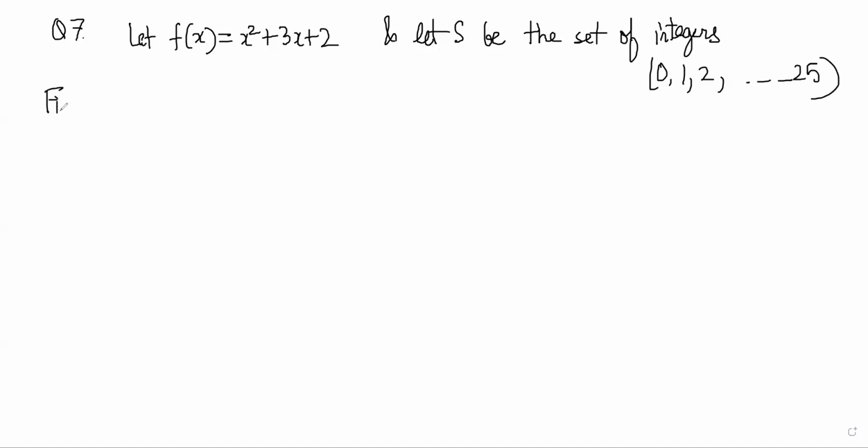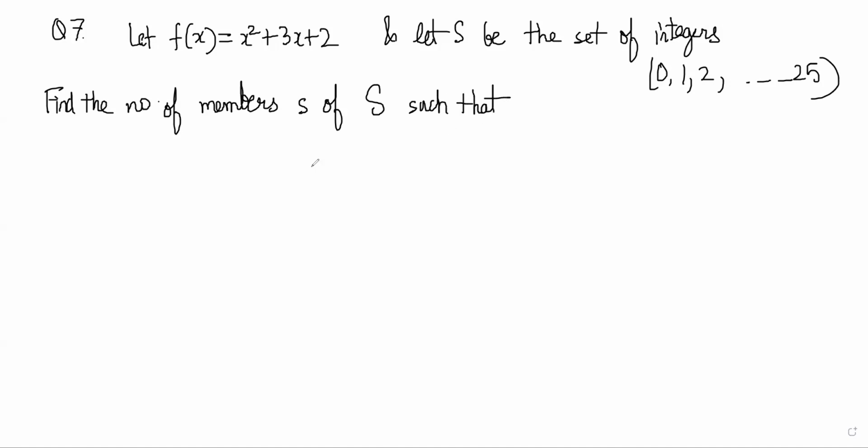Find the number of members small s of the set capital S such that f of s has remainder 0 when divided by 6.